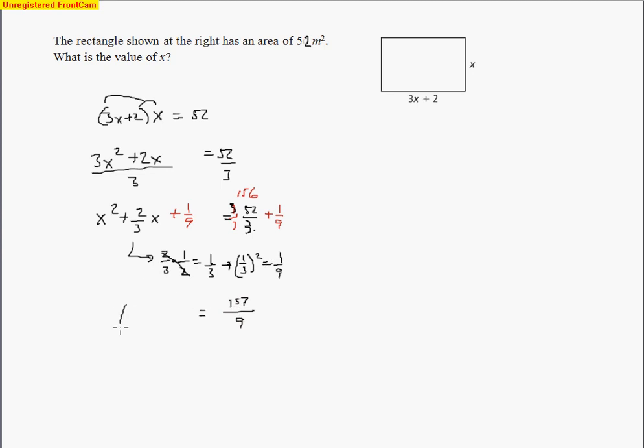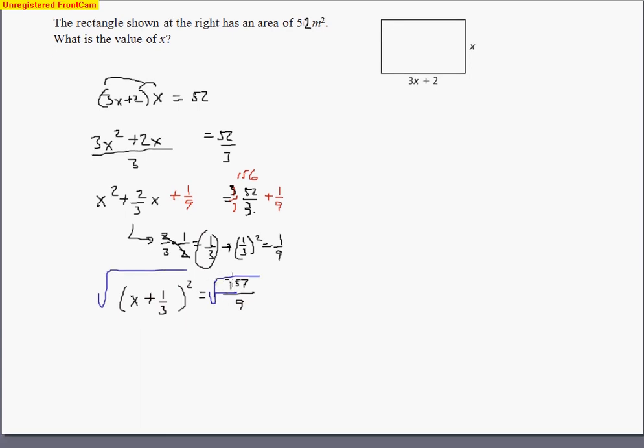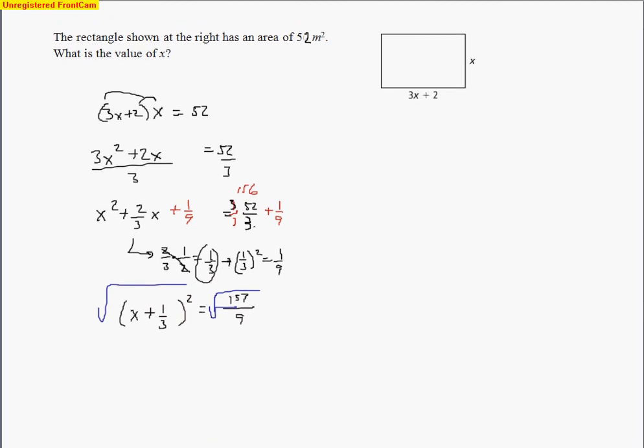On this side, it's the quantity squared. So whatever half the b term was right here, half the b term was 1/3. So x plus 1/3, quantity squared. And so from this point, now I'm ready to take the square root to cancel out the squared symbol, and do the same thing on this side. So at this stage, you know you're doing something right if, first of all, we should have the denominator being a perfect square. We do.